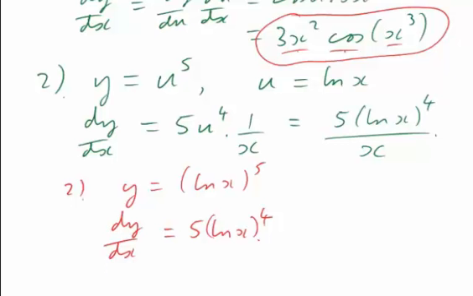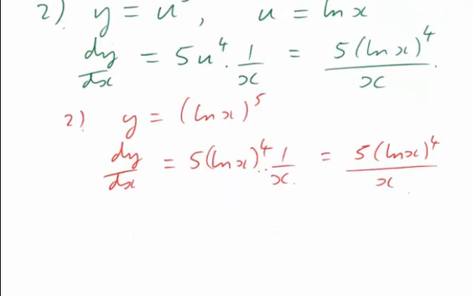Now the fifth power is finished with, it's said what the derivative should be, but inside there's a log x just dying to express its opinion. Log x says the derivative should be 1 over x. And so there's our answer, without introducing u. It has saved a little bit of time and thinking.